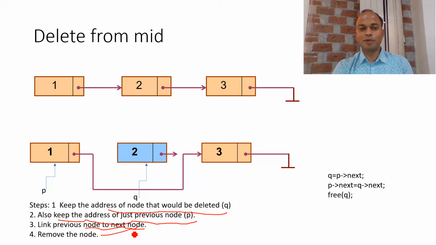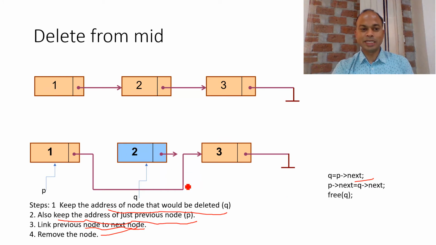So we can perform these operations like this. If we talk about code, say p contains the address of the just previous node. So p arrow next means, say p contains the address of the just previous node. In this case, p is pointing to the first node. So p arrow next means the address of the second node. Now q contains the address of the second node. So q is pointing to this node, and we want to delete this node. Before deletion, we need linking.